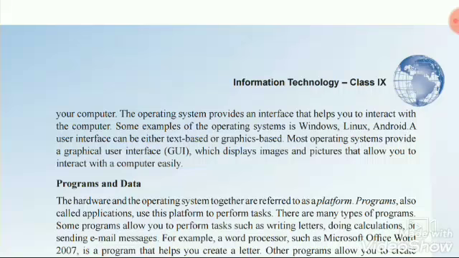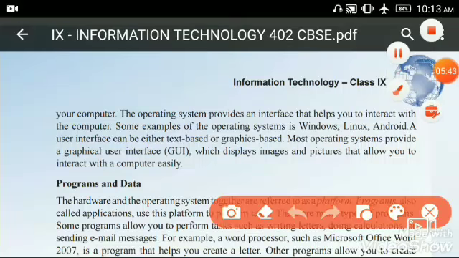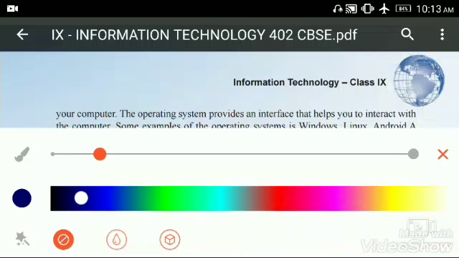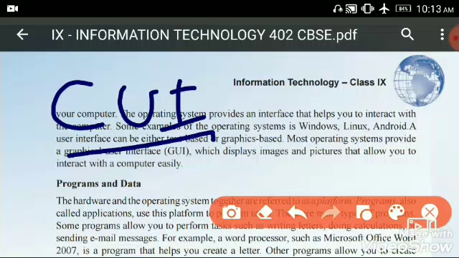In a character user interface operating system, just like DOS, we cannot give commands graphically, but in the latest Windows, Linux or Android operating systems, we can use a graphical user interface. DOS is a CUI operating system, a character user interface, and in that operating system we cannot interact with the computer through mouse or graphics.